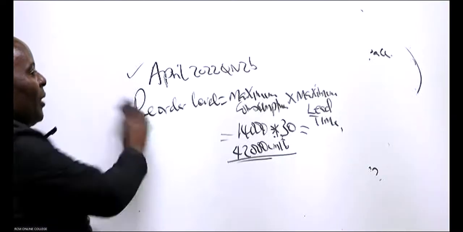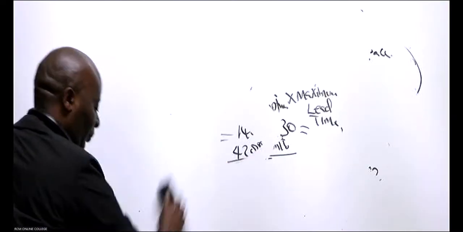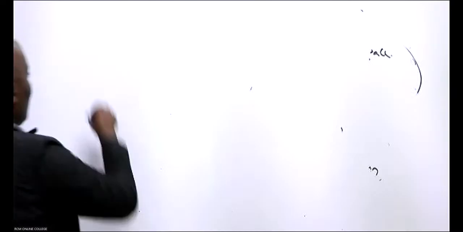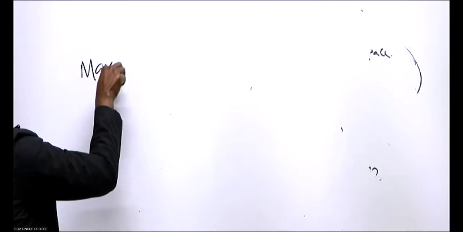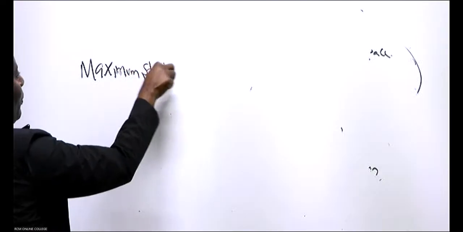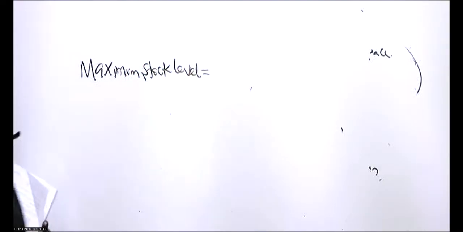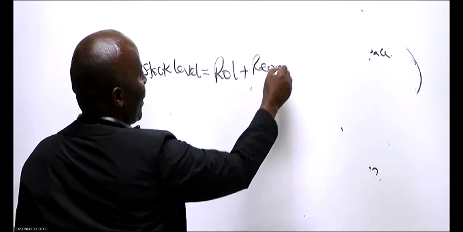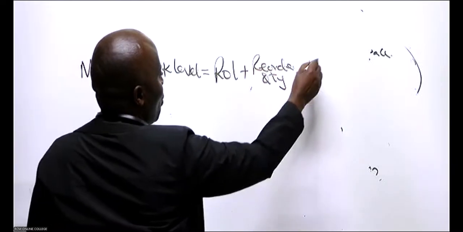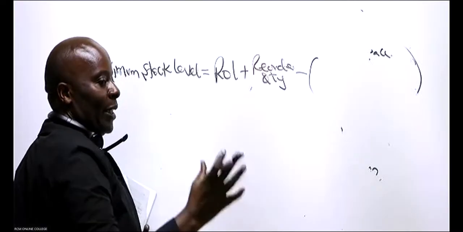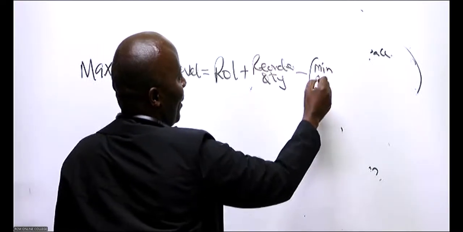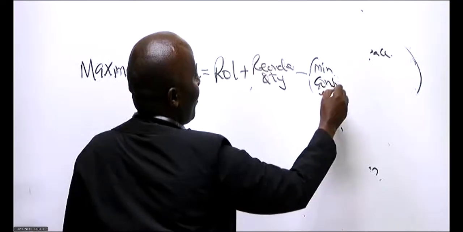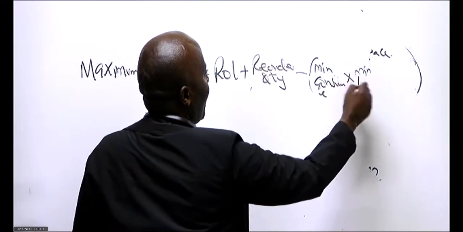So now we are calculating the maximum stock level. It's the reorder level and reorder quantity, and to ensure it's maximum, we use minimum consumption times minimum lead time.